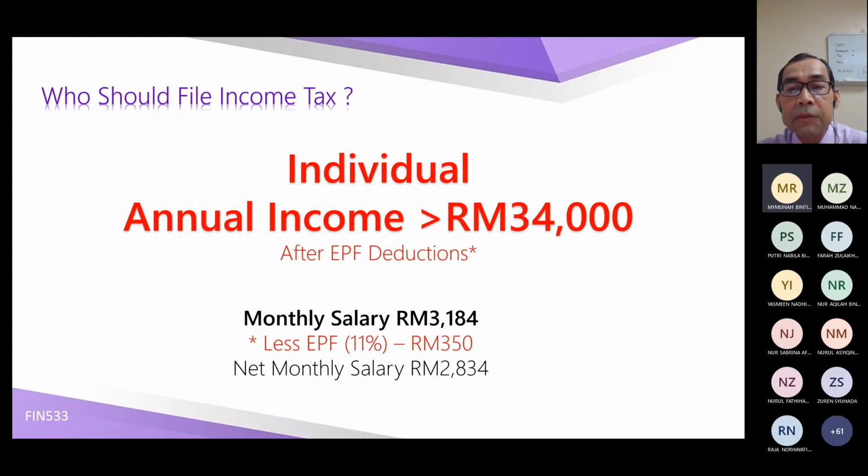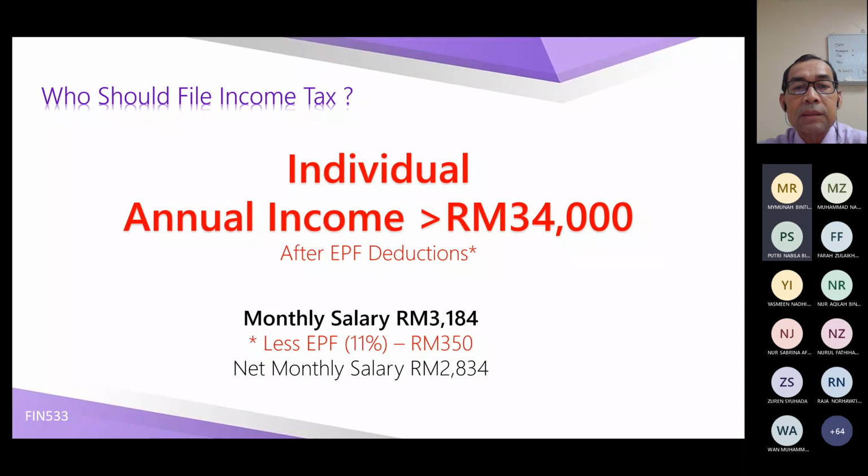So if you times 2,834 by 12, you will get 34,004, something like that. So this particular person is required to file income tax.